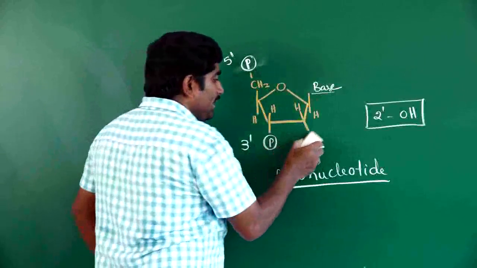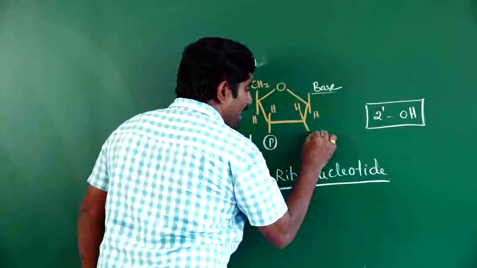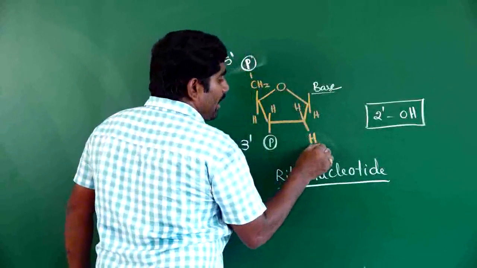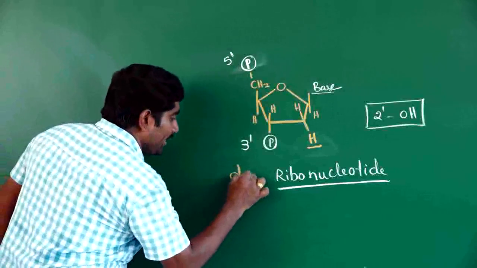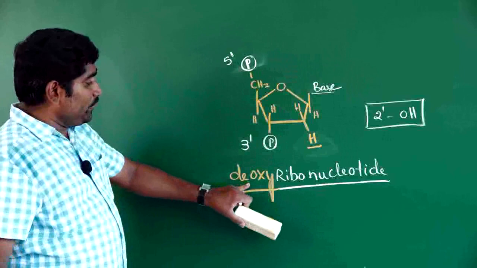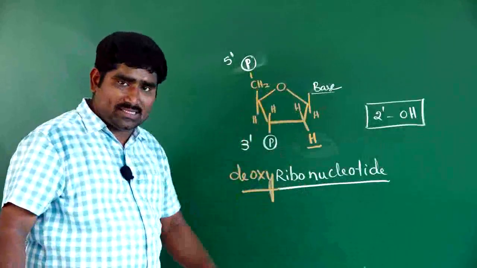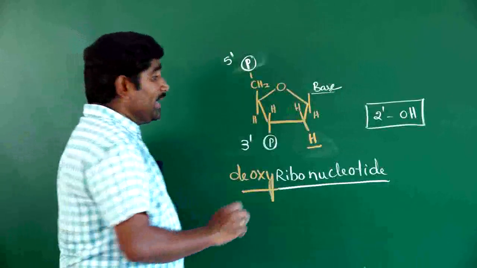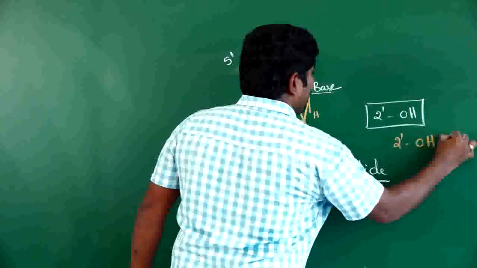Whereas in DNA, this OH group is replaced by one hydrogen, so that the oxygen is removed. So this is called deoxyribonucleic acid. Deoxyribonucleic, because here the OH group is not present; it is replaced by only one hydrogen. In the case of DNA, the 2' OH group is absent.